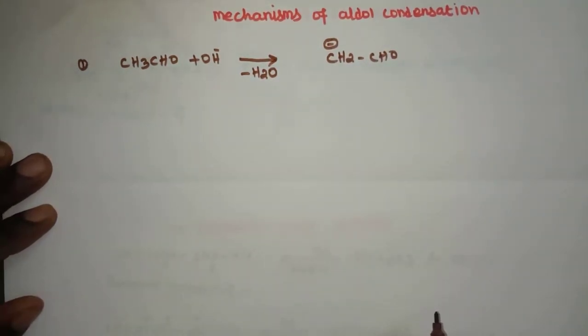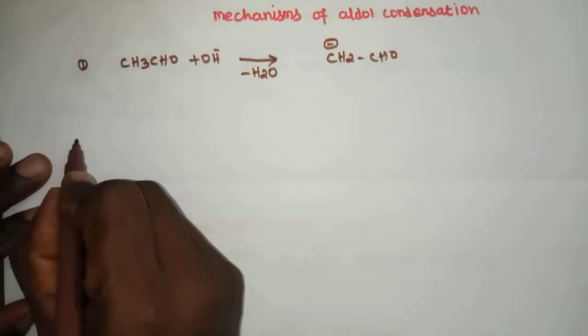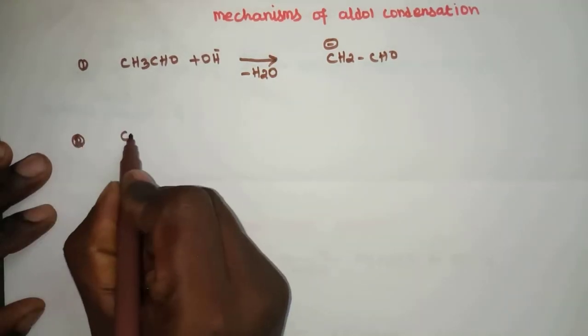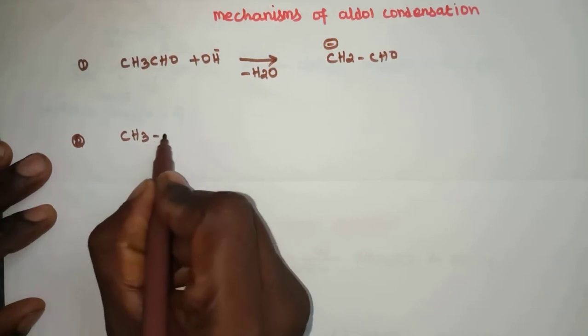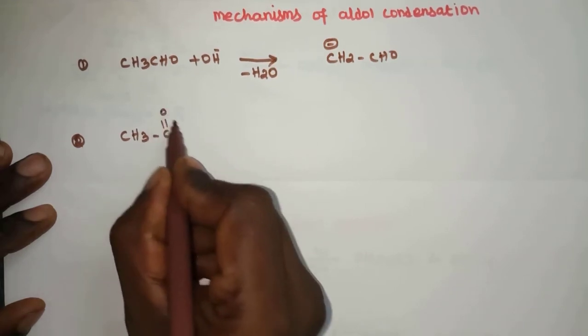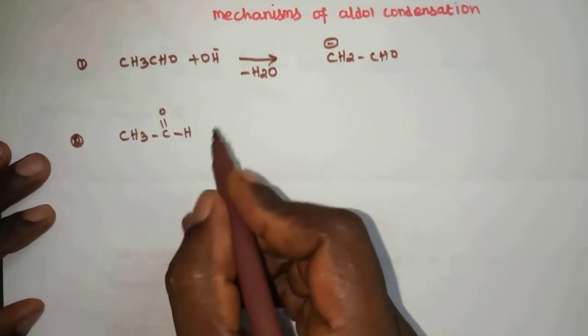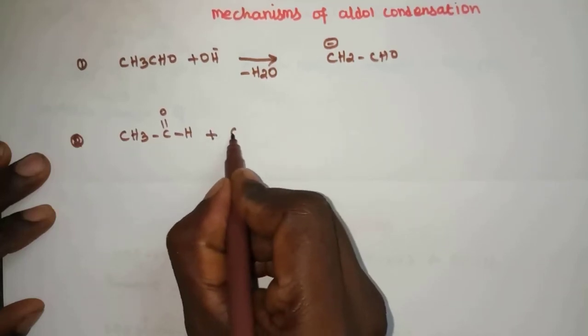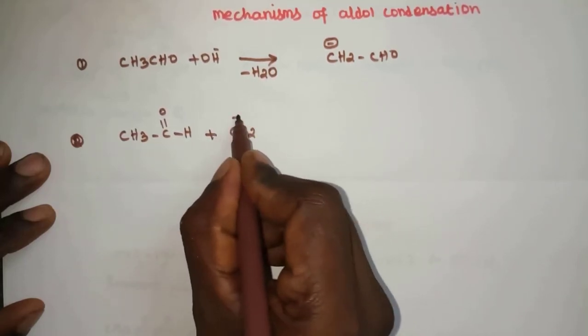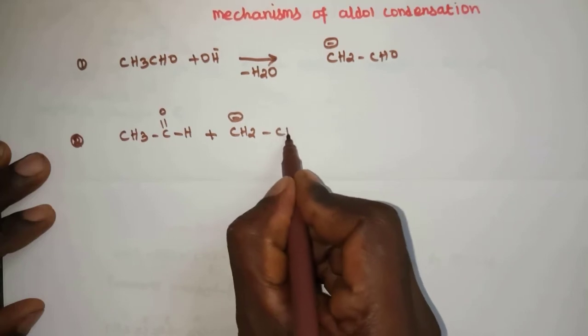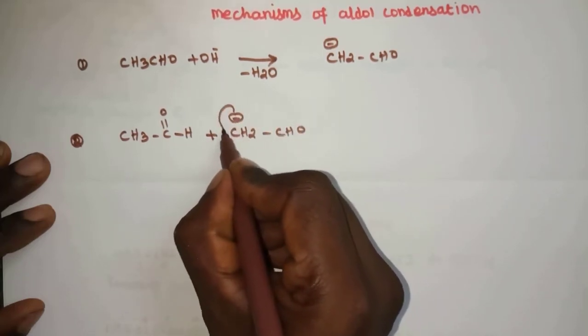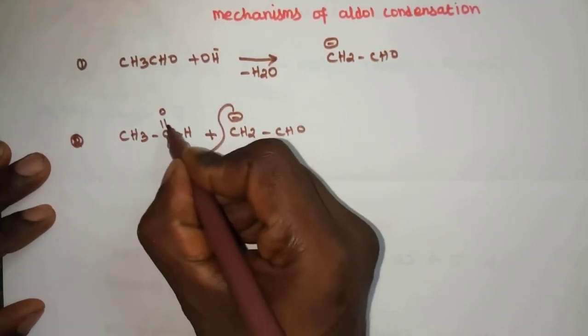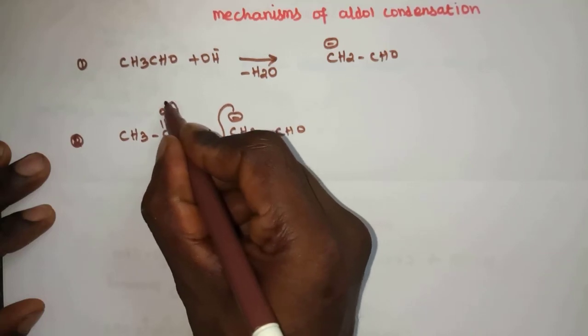The second step is alkoxide ion formation. Another aldehyde, CH3C double bond OH. This is also acetaldehyde. Acetaldehyde reacts with the carbanion CH2 minus CHO. The carbanion attacks the carbonyl carbon and the double bond moves to oxygen.